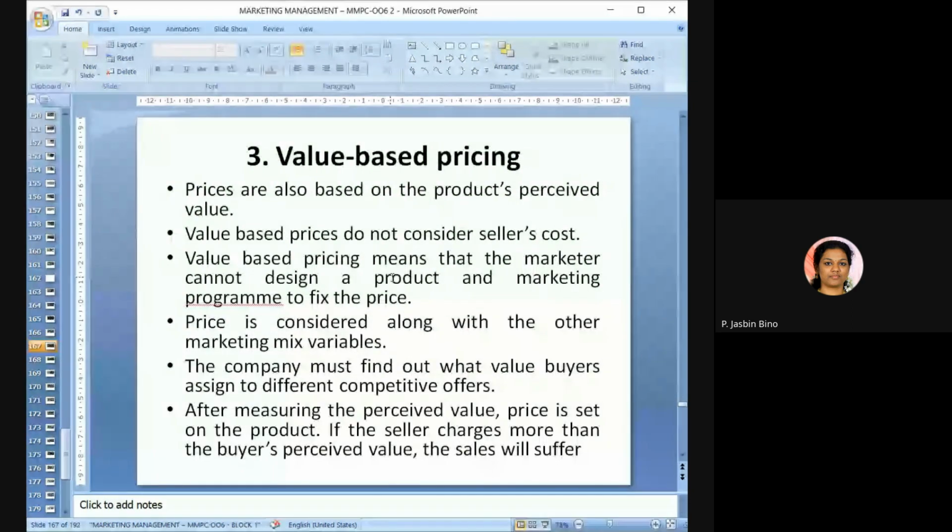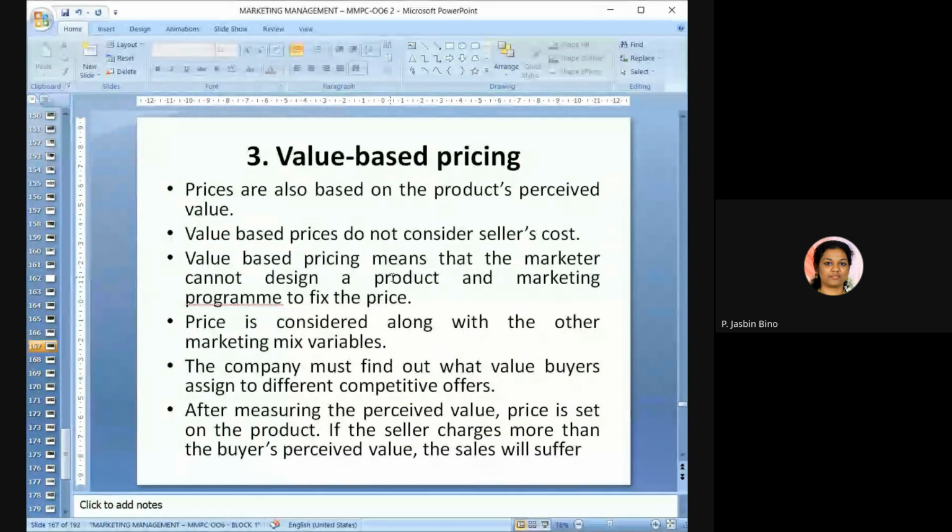The next one, based on the value of the product, the price will be chosen. It is also based on the product's perceived value. So they'll not consider the seller's cost or anything. They'll be concentrating on the value of the product. Value based pricing means the marketer cannot design a product and marketing program and then fix the price. Price is considered along with the other marketing mix variables.